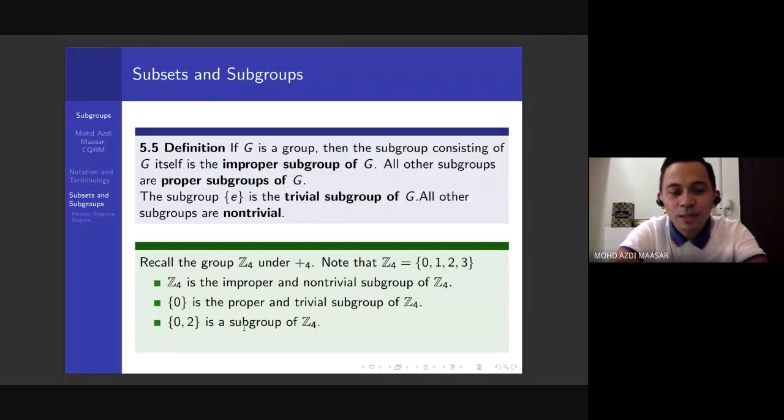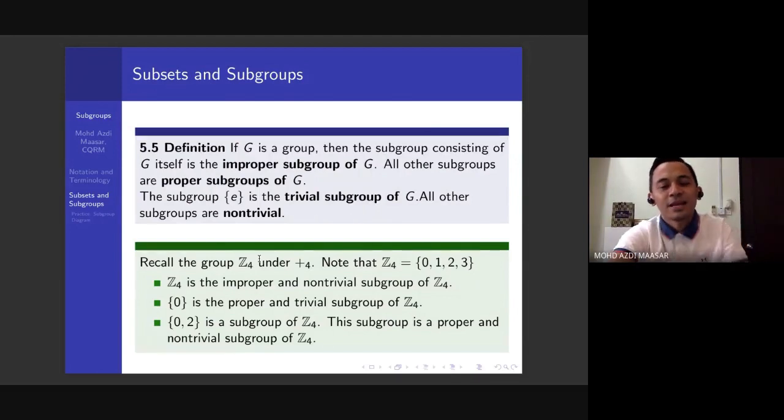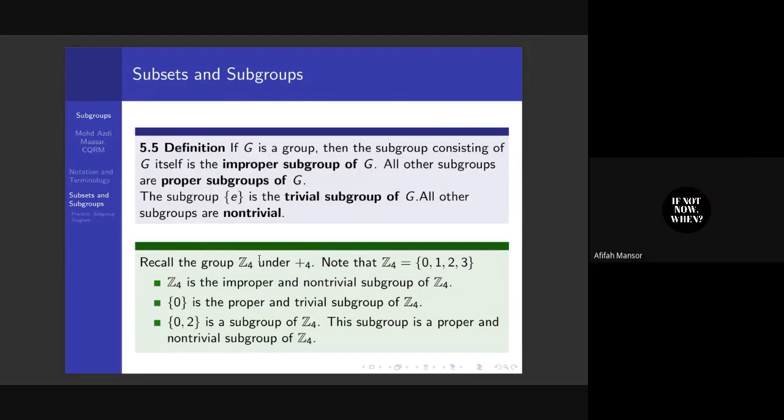Also it is not trivial because it is not this subgroup. For trivial subgroup, we have this one only. So I can say that it is a proper and non-trivial subgroup of the integer modulo 4 group. Okay, did I answer your question?